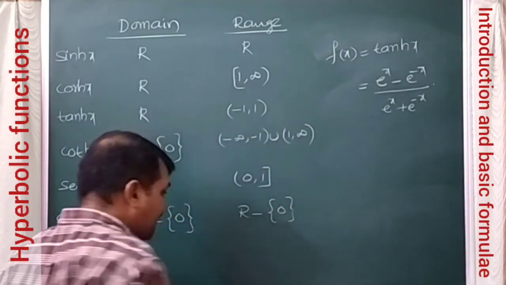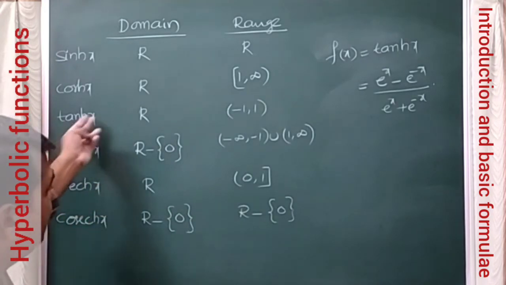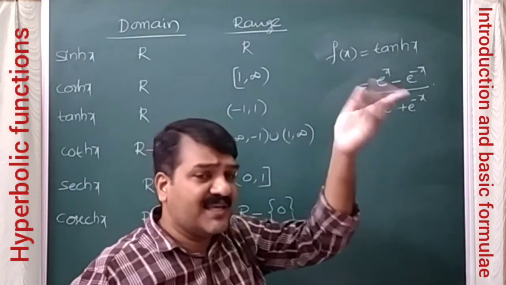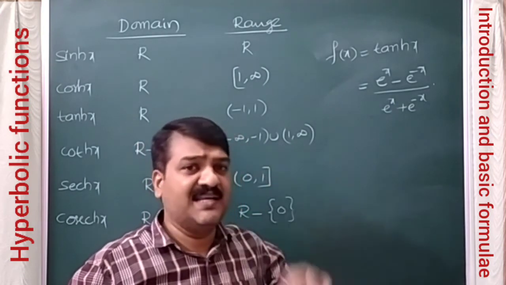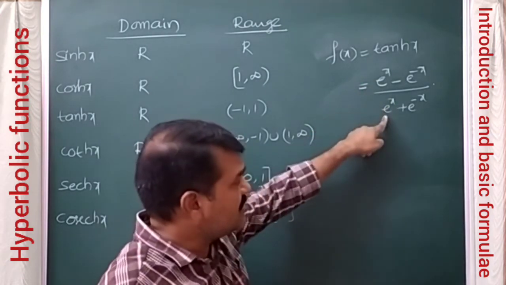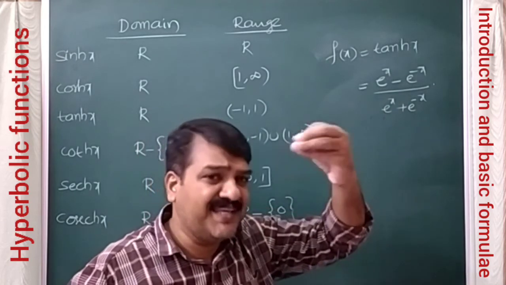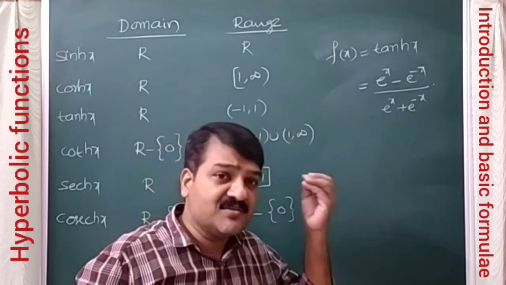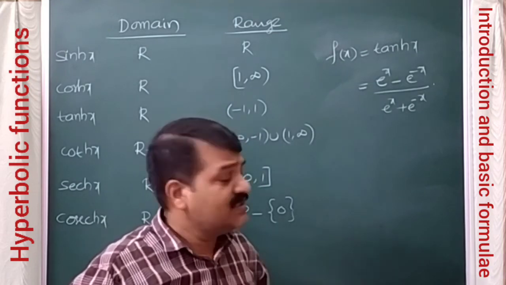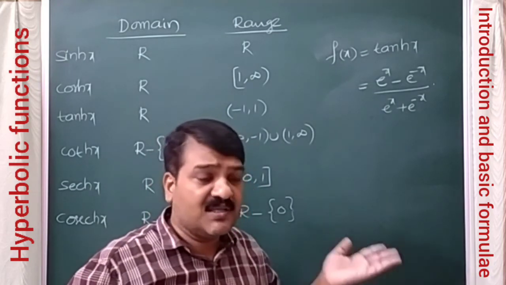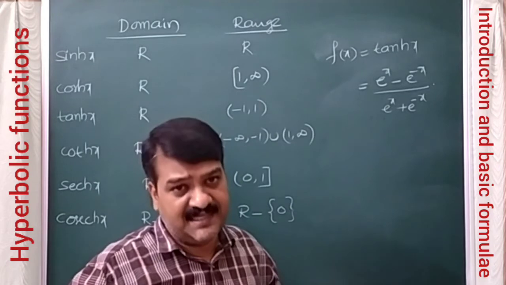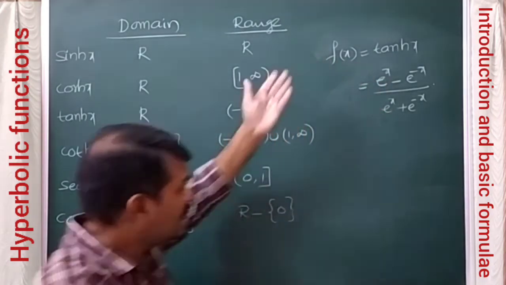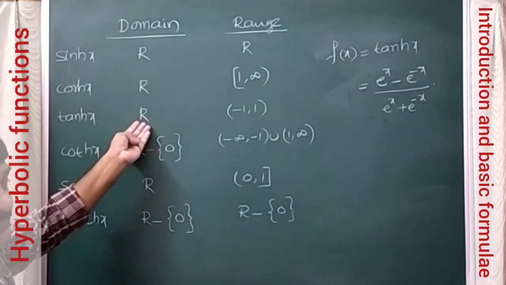This is the value of tan hx, and clearly here we can observe that the function is defined for everything, that is any x value, because the denominator also is not going to be 0 for any x value. That means there is no problem for the function to be defined. For any x value, this is defined. So domain of tan hx is R.